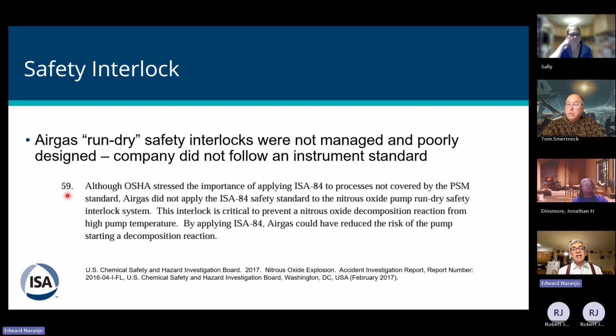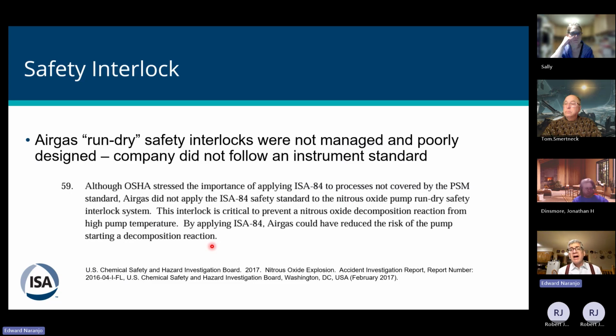But I would point out what the CSB, the Chemical Safety Board, pointed out. It says that although OSHA stressed the importance of applying ISA 84 to processes not covered by the PSM standard, Airgas did not apply the standard to the nitrous oxide pump's safety interlock system. The interlock is critical. And it says by applying the standard, Airgas could have reduced the risk of the pump starting a decomposition reaction, which is what happened.